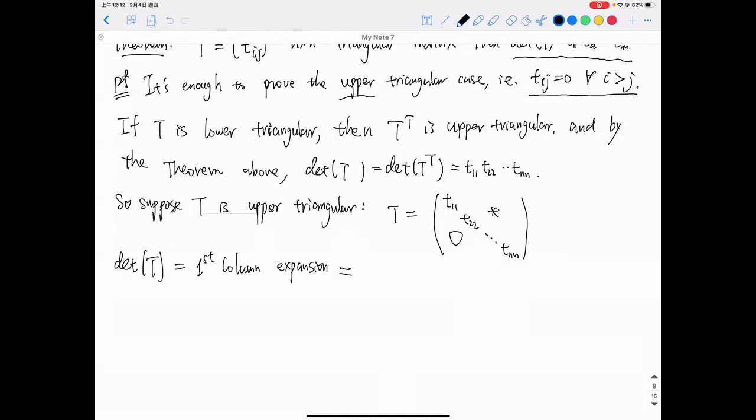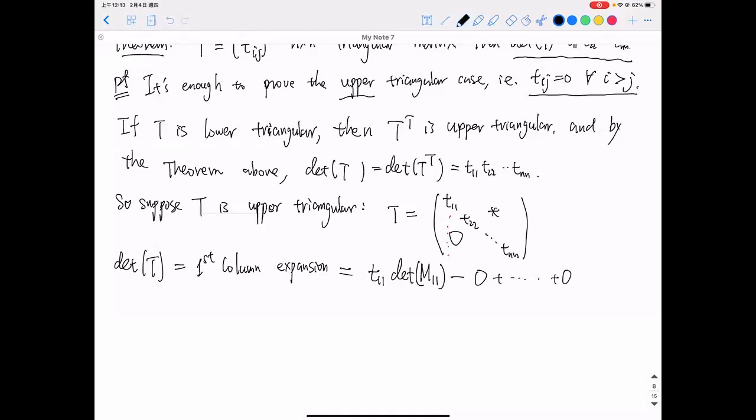That gives us T11 times the determinant of the minor M11 minus whatever other things you have. Sorry, the other terms are all 0 because in the first column there's only one possibly non-zero term, that's T11. All these other terms below it are 0.